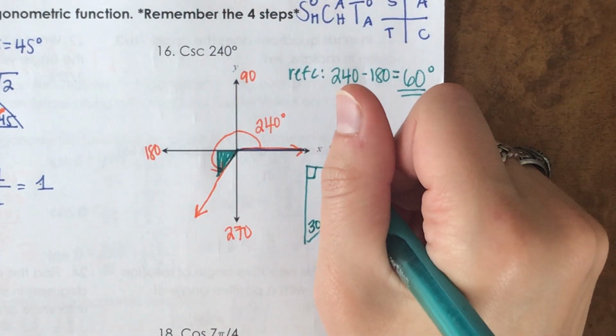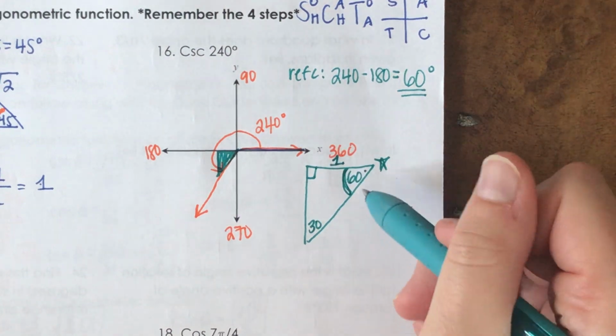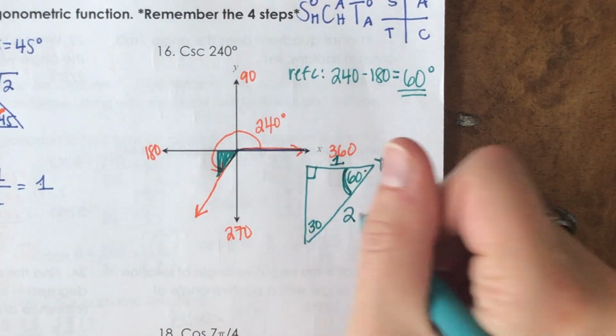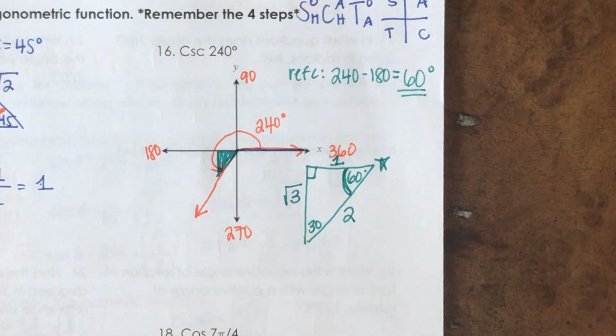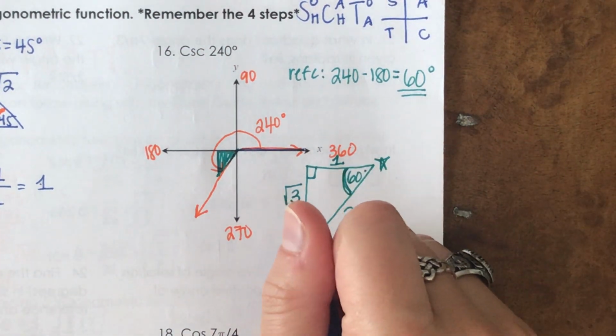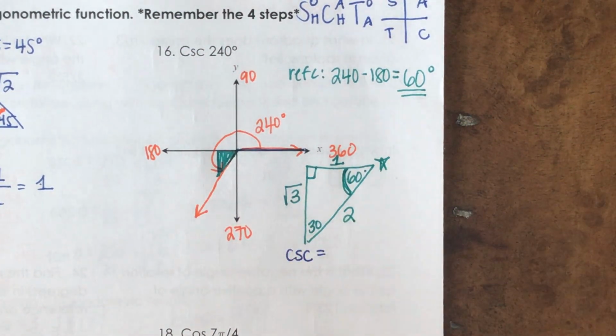Across from the 30 is a 1. Across from the 90 is a 2. Across from the 60 is a radical 3. Okay, I am doing cosecant. Cosecant is the reciprocal of the sine.